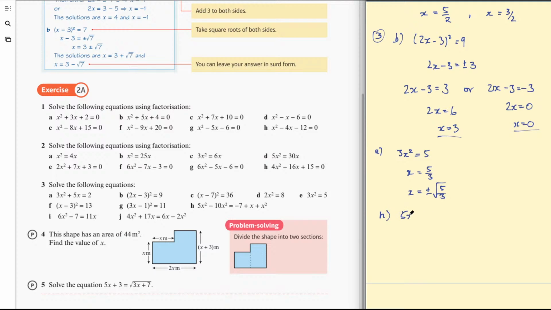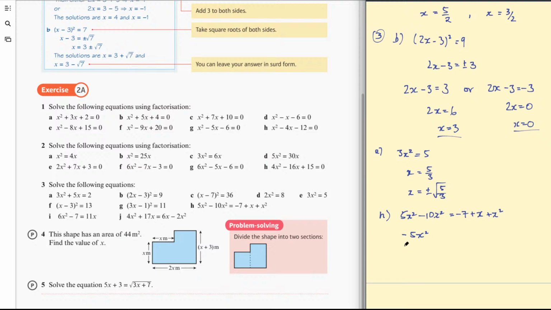So 5x squared take 10x equal to negative 7 plus x squared. Did I write that correctly? Yeah. Okay, well firstly we want to combine like terms. So 5x take 10x, we can simplify that to negative 5x because they are like terms.